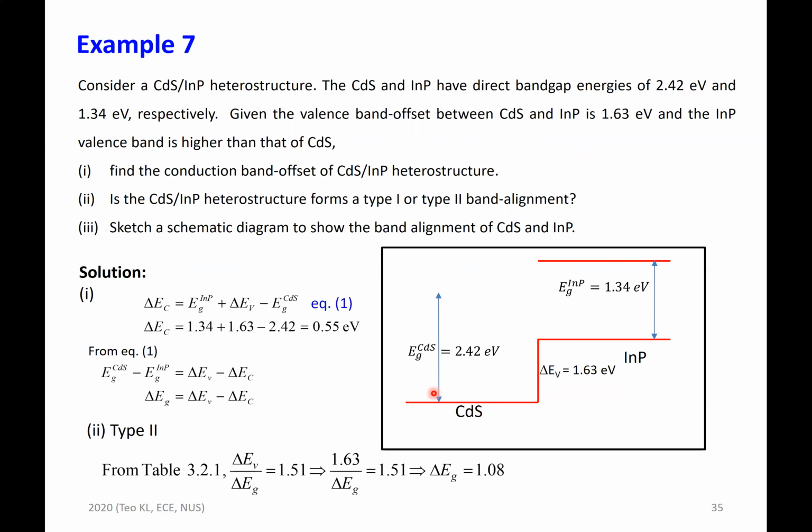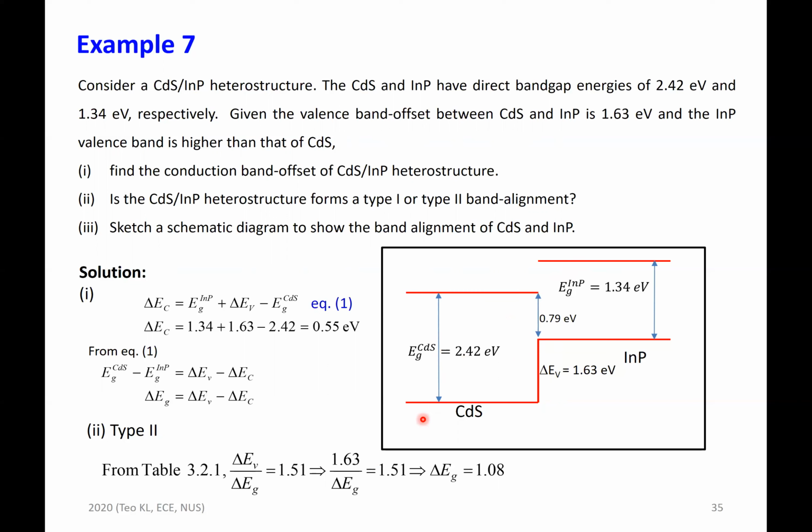If I draw 2.42, basically from here, it's only 1.63, so I add a bit more, 0.79. So this is 2.42, and it will not overshoot this line. 2.42 is basically 1.63 plus 0.79.